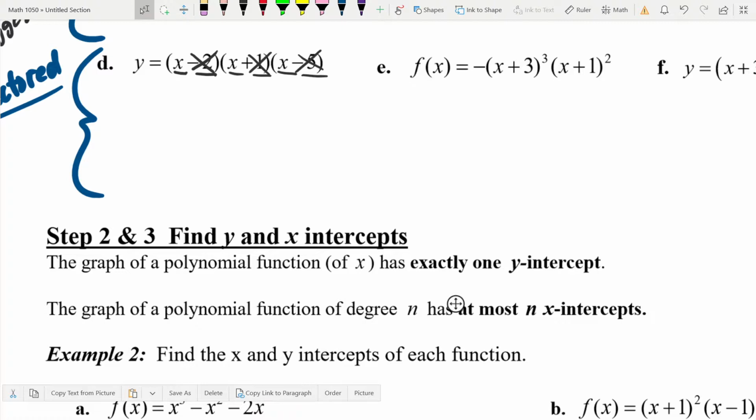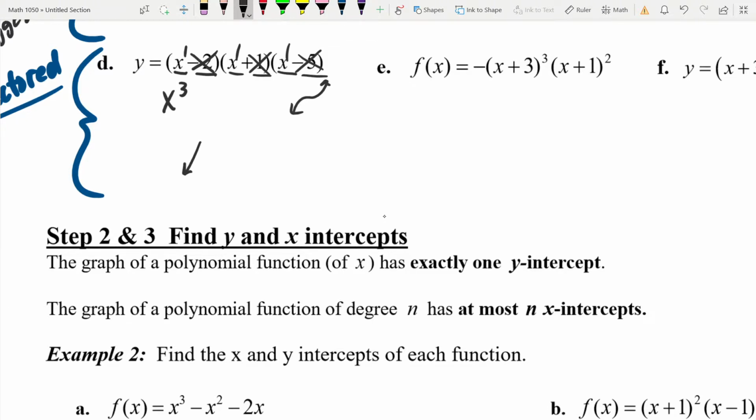But if I did multiply it out, then I would have an x to the what as my biggest exponent? Third, because you go 1 plus 1 plus 1. So it's an x to the third. Would there be a negative sitting out in front of the x to the third, you guys? No. So it's just a regular cubic.